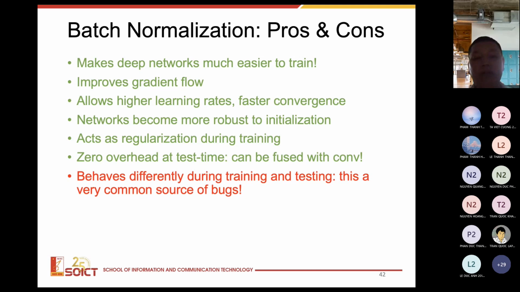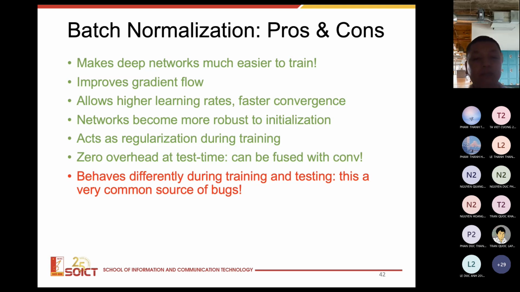The network becomes more robust to initialization, because you add the batch normalization in between the net input and the activation function.